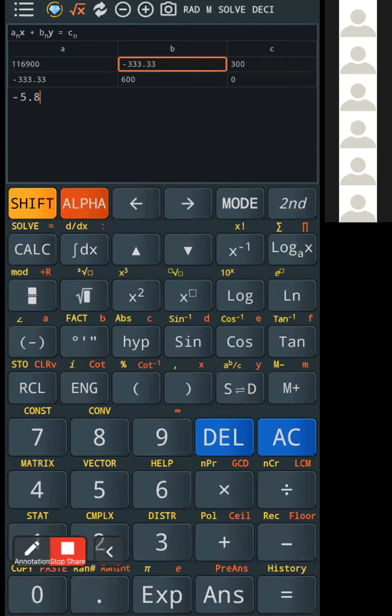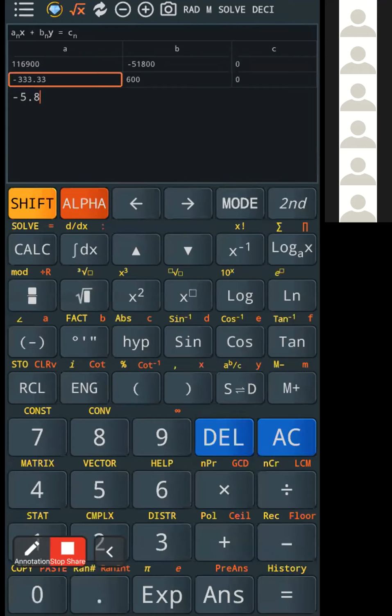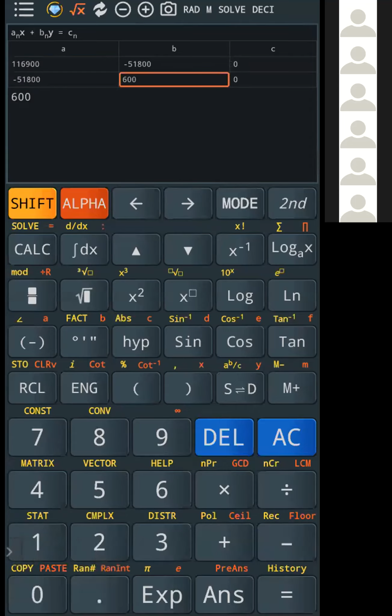Minus 5.18 into 10 to the power 4. Okay, here it is 0. Then again minus 5.18 into 10 raised to power 4, then 13.18 into 10 raised to power 4, minus 20,000.